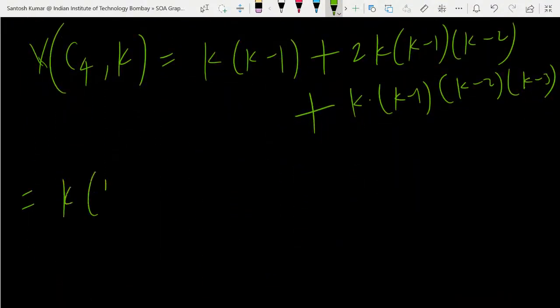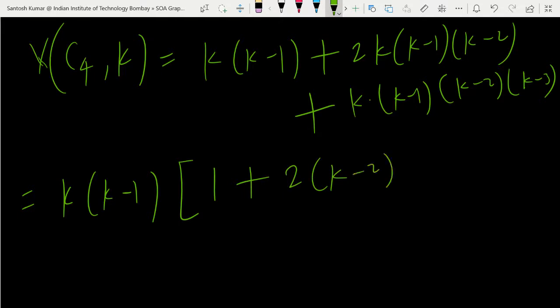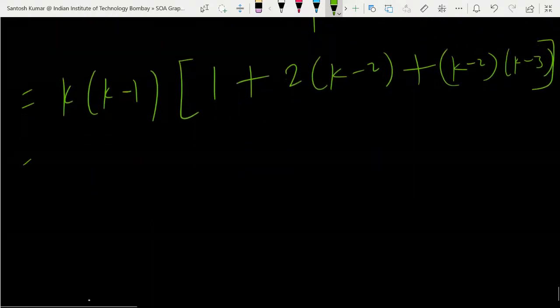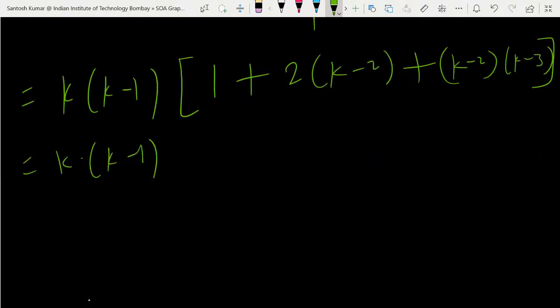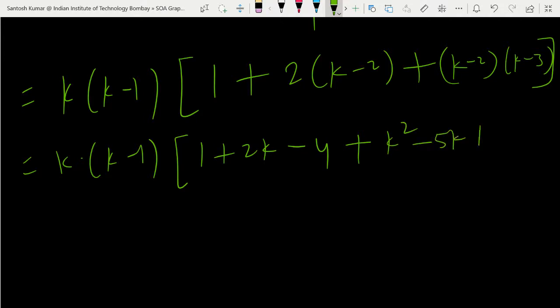Now let's simplify. K into K minus 1 we can take common in all, left with 1 plus 2 times K minus 2 plus K minus 2, K minus 3. So it is K into K minus 1, and 1 plus 2K minus 4 plus K square minus 5K plus 6.